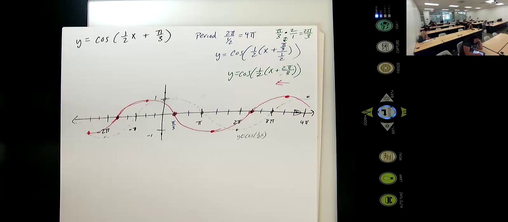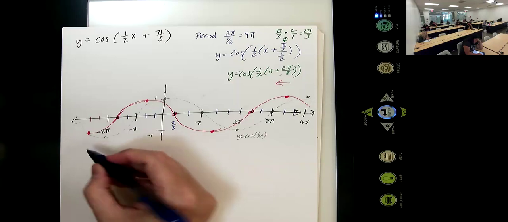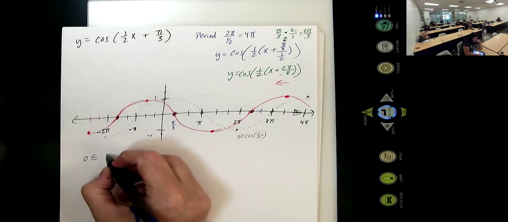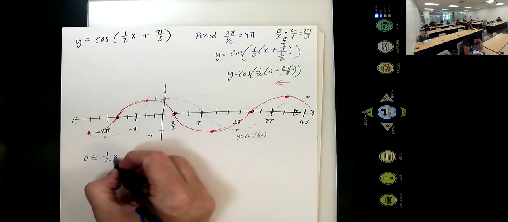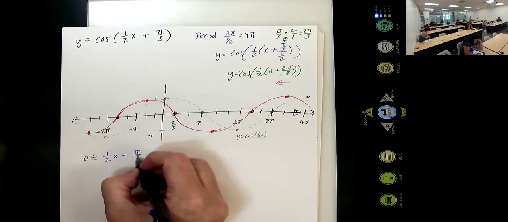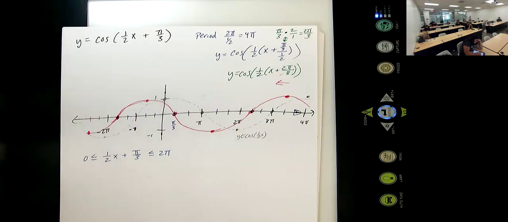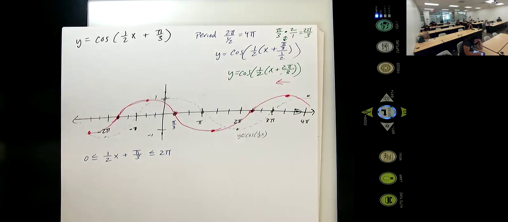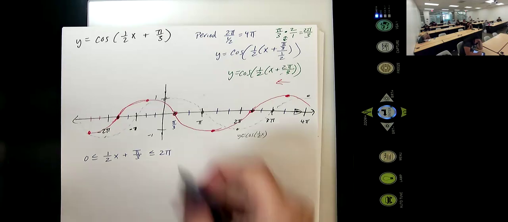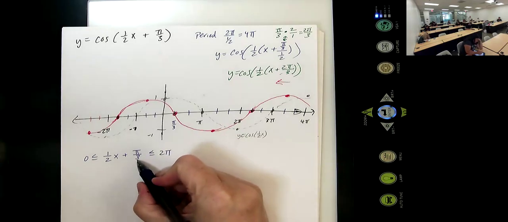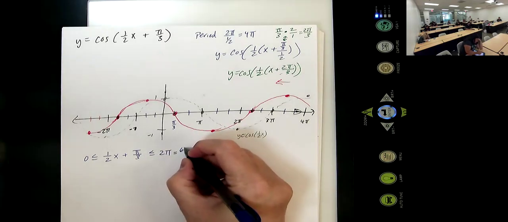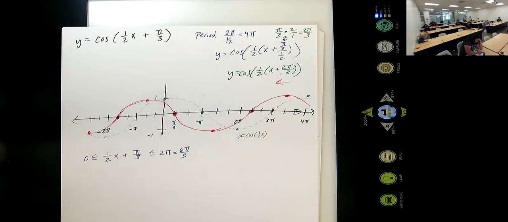Let's try doing that same thing the other way. Let's set the argument of our cosine between 0 and 2 pi and solve. I know I need to subtract pi over 3, so I'm going to write this in terms of pi over 3 by multiplying by 3 over 3.